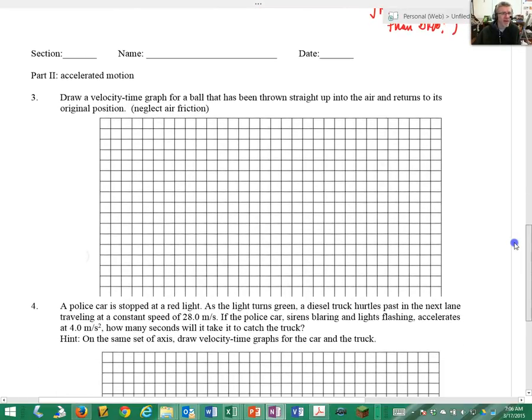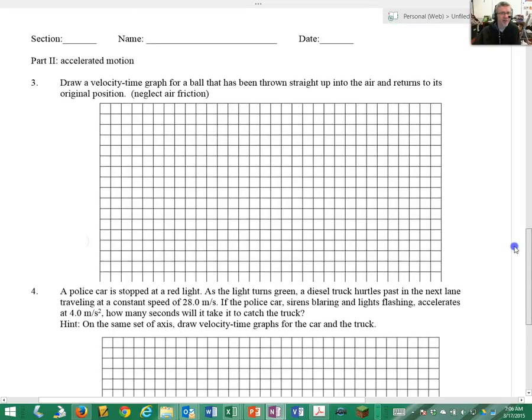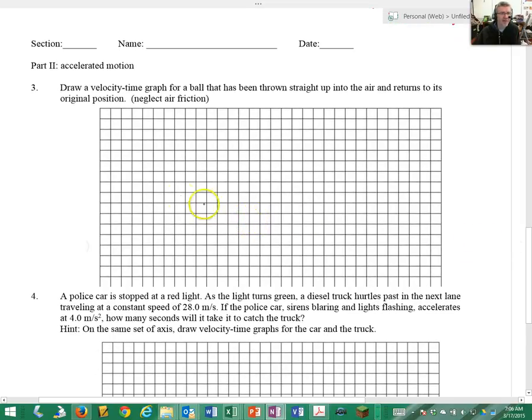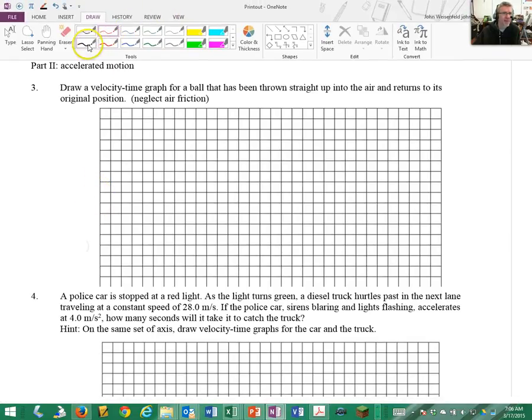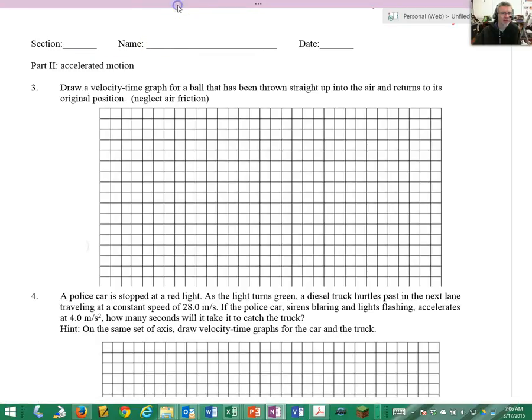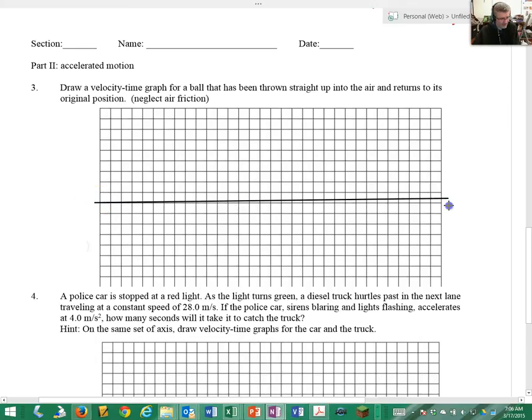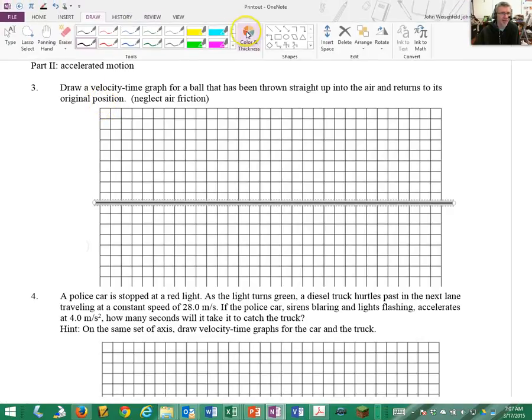Draw a velocity time graph for a ball that has been thrown straight up in the air and returns to its original position. So what I'm going to do is put down a couple of lines here that I want to be my 0 lines.